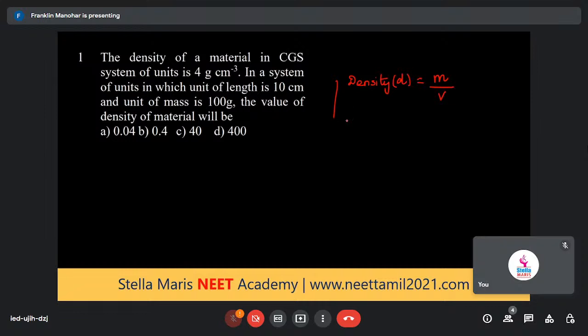And therefore the dimensional formula for density is M L to the power -3.